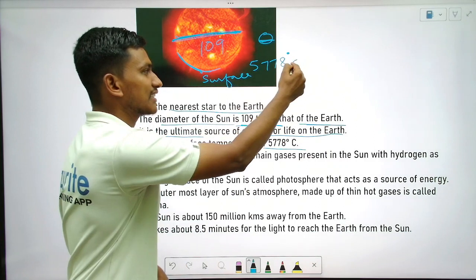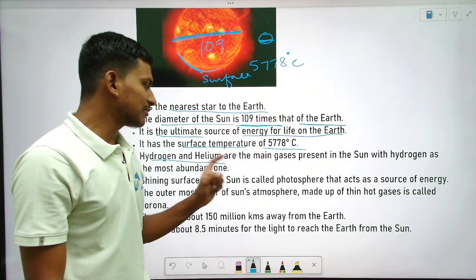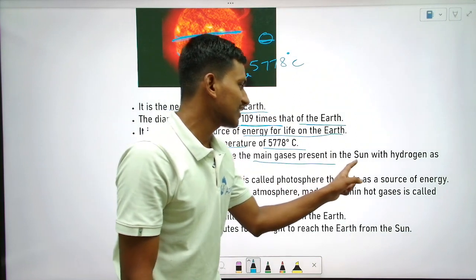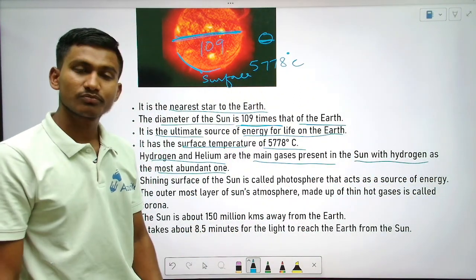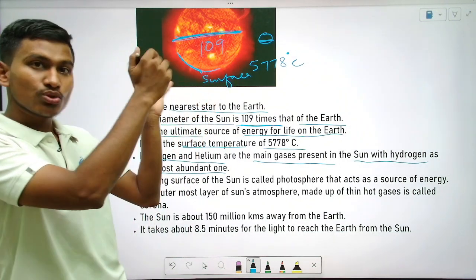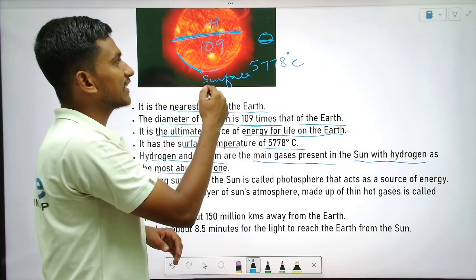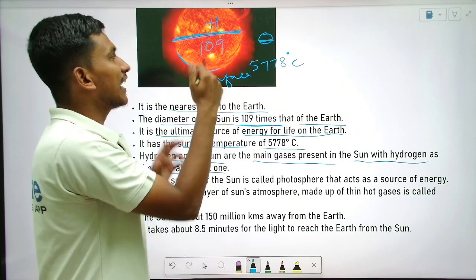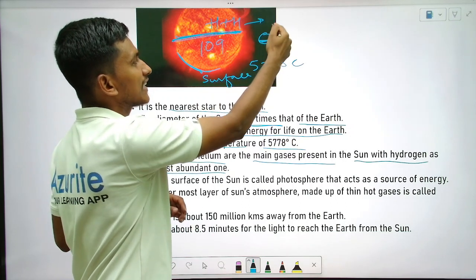Okay, good. Hydrogen and helium are the main gases present in the sun, with hydrogen as the most abundant one, right? So here it is burning, right? What is there here? Hydrogen is there, and two hydrogen atoms combine to give a helium atom.